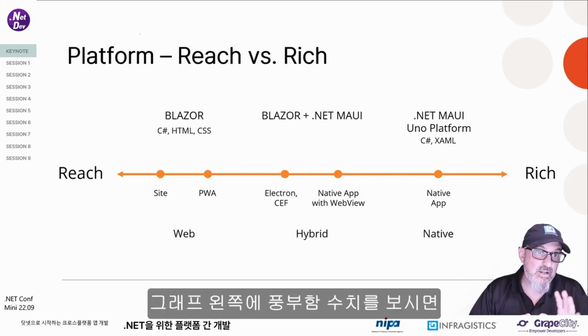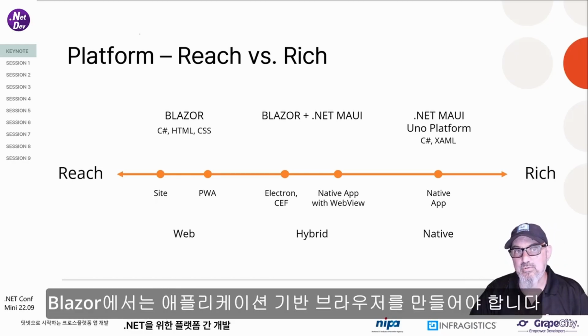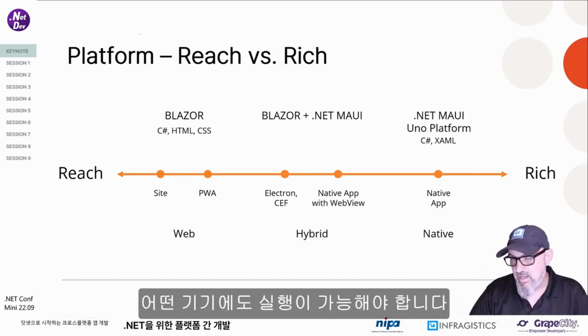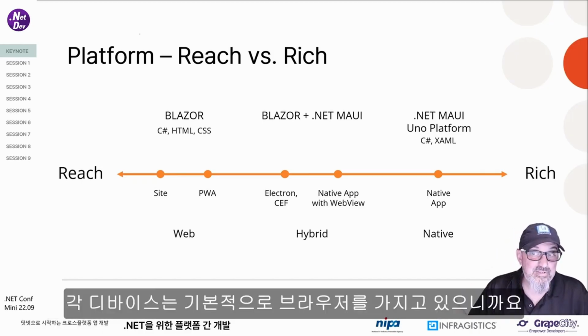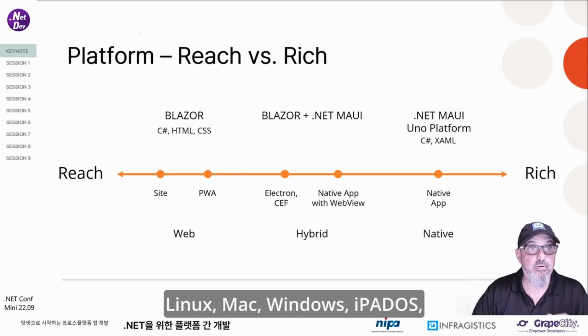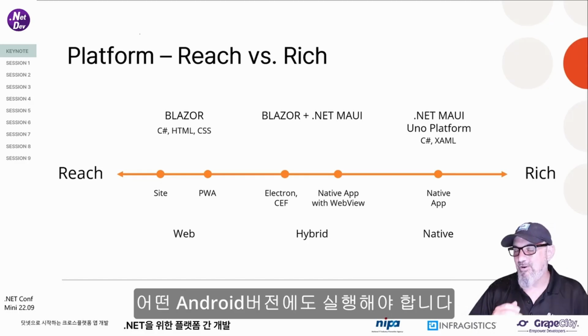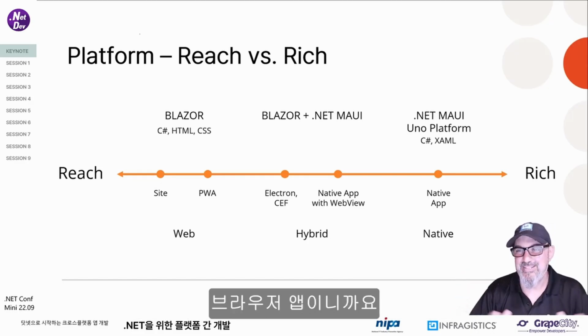If we look at the left side of my graph for reach, absolutely build a browser-based application in Blazor. It will be able to run on any device because it's running in the browser, and every device has a browser. It'll run on Linux, Mac, Windows, iPad OS, any version of Android. It doesn't really matter. It's a browser app.